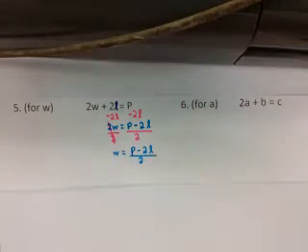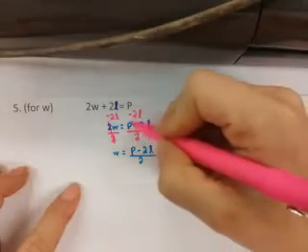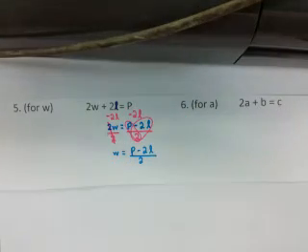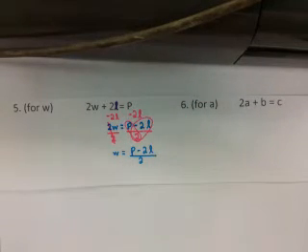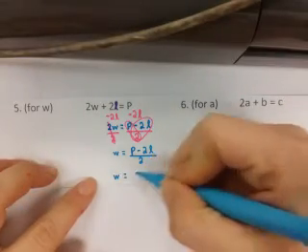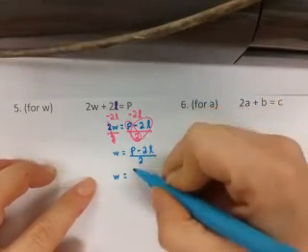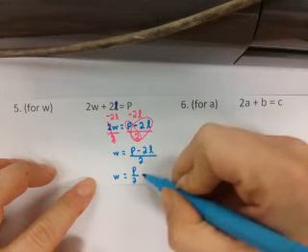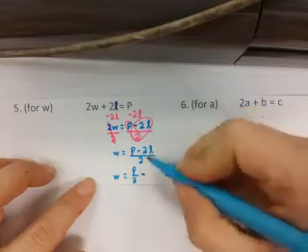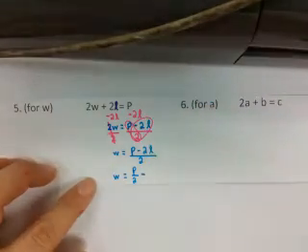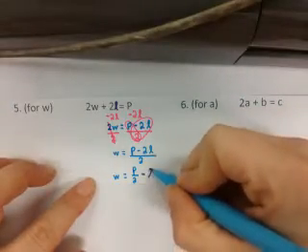Now you may notice that we have a 2 on top and a 2 on bottom. So you definitely might want to split this one up. Each piece of the numerator has to be divided by the denominator. So we have w is equal to p divided by 2. We can't simplify that any, so we're just going to leave it as p over 2 minus the 2 divided by 2 does cancel out, so it would just be minus l.